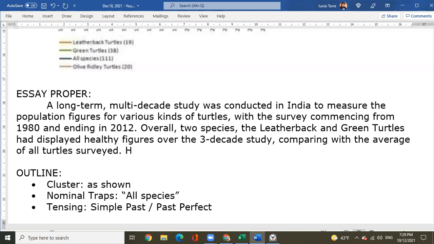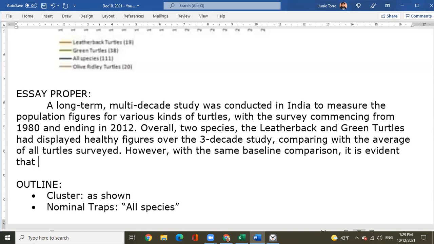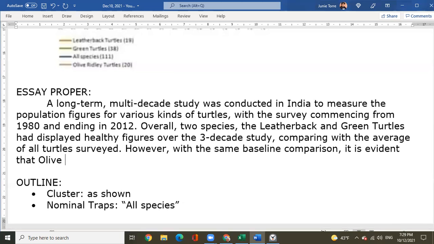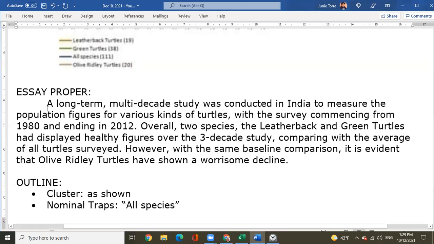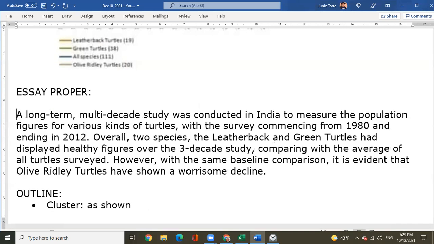However, with the same baseline comparison, it is evident that olive ridley turtles have shown a worrisome decline. All right. And then let's now begin the details.